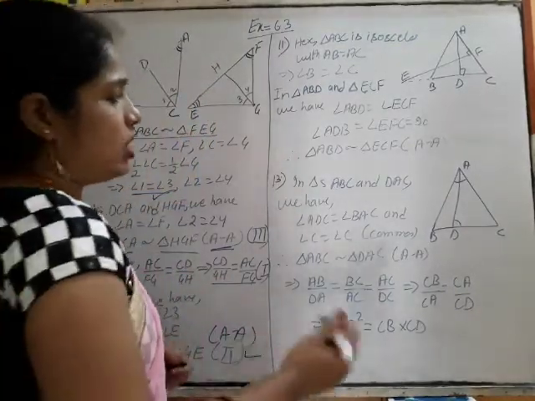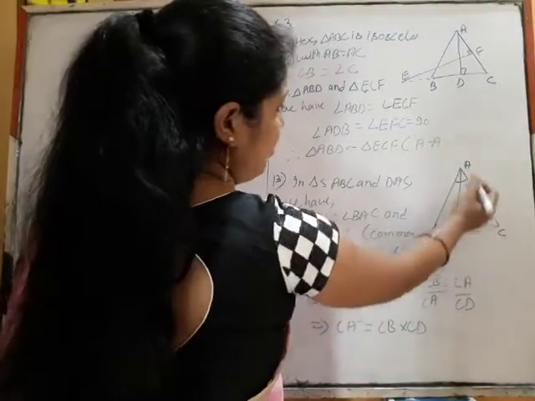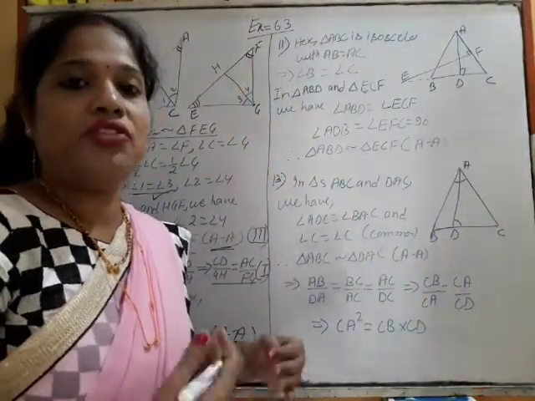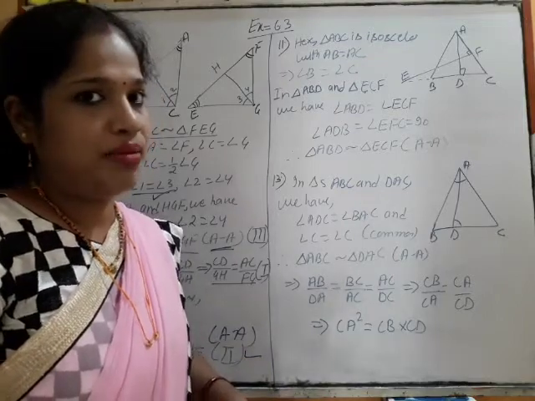First of all, from the angles which are given, ADC and BAC, we can take the triangles which we need to show are similar.